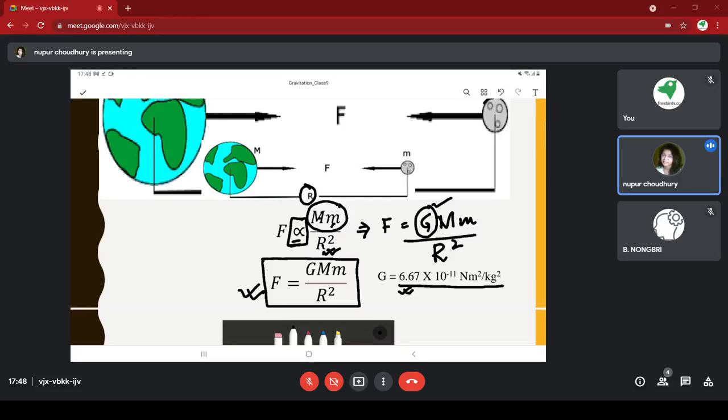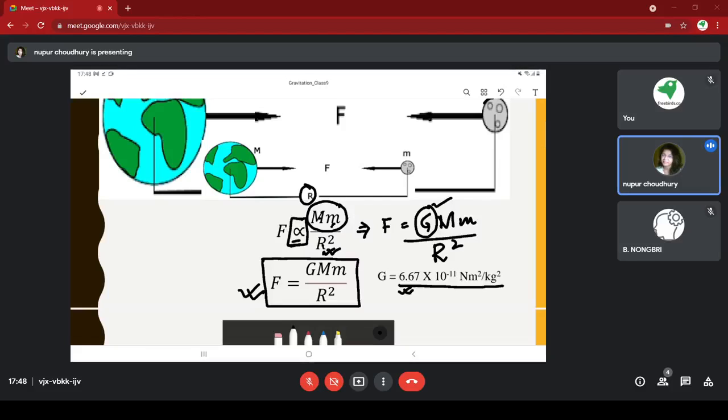Suppose I have considered these two objects. When I'm considering these two objects, we have to understand that it is inversely proportional to the square of the distance between the objects.